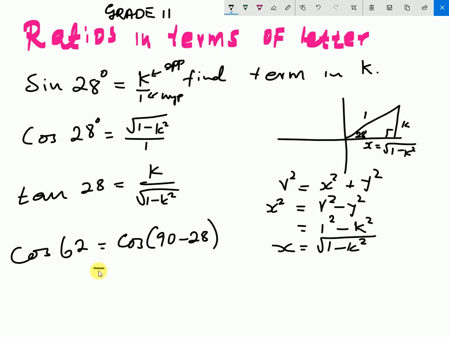Do you see how lucky we are? Because we want 28 every time to use it here. All right? And this becomes the sine of 28. And the sine of 28 here is k over 1.